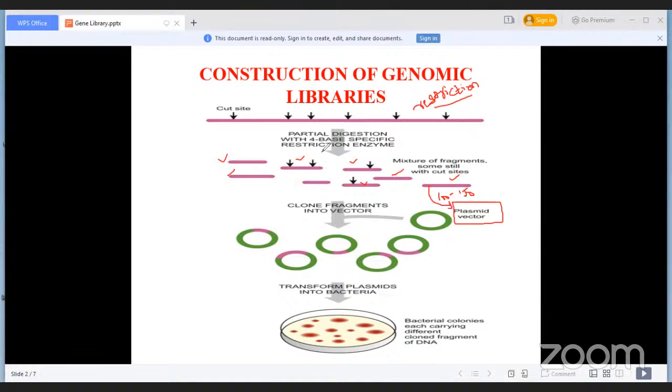But if the fragments exceed 300 and above, we can use another vector, such as a bacteriophage vector or cosmid as a vector. But if it exceeds 1000 to 3000 and above, in that situation we can use another vector, that is YAC.